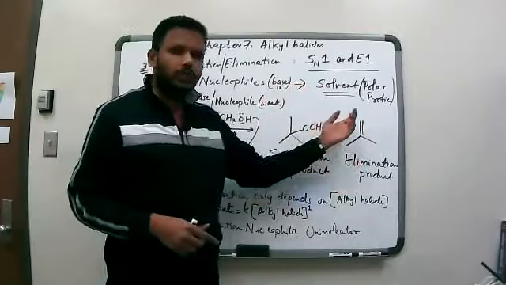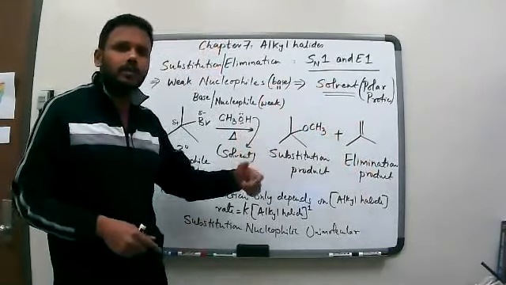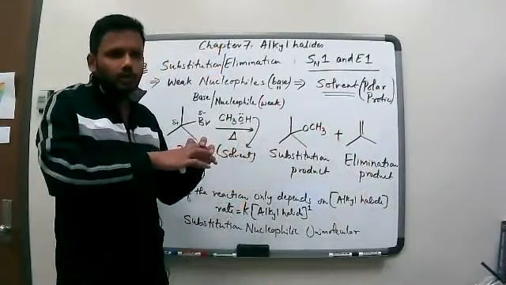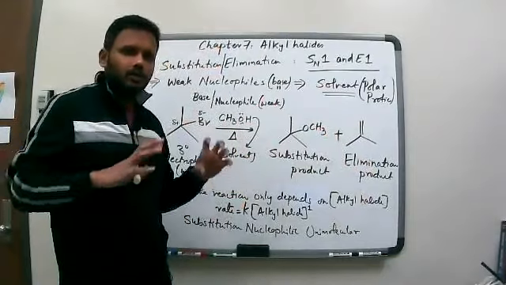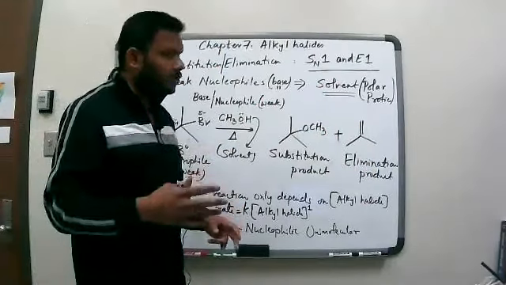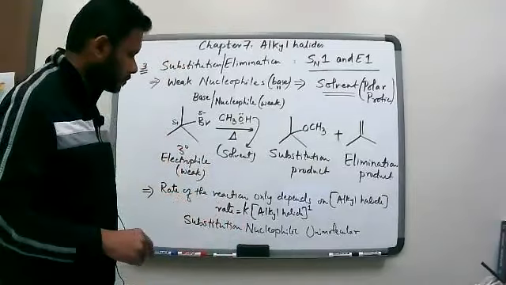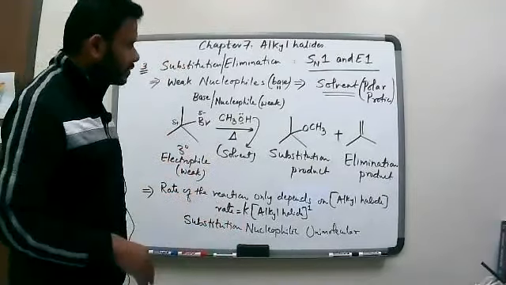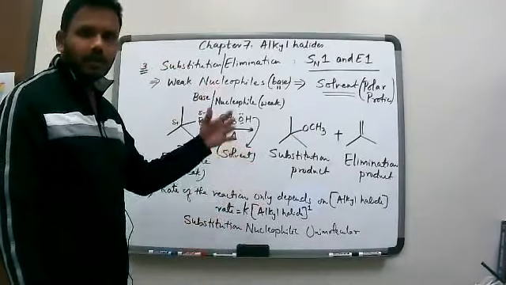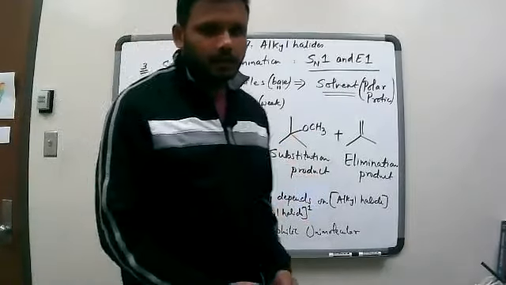Or if you're trying to do an E1 reaction, you are going to see SN1 products at the same time. That is how these reactions work. It is very hard to have only one of them happen and not the other. Those are possible, but they are exceptions. So the subsequent videos will go into the details of these, but this is basically an intro to SN1 and E1 reactions.